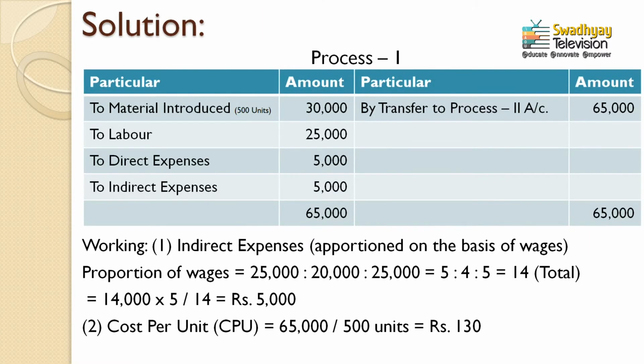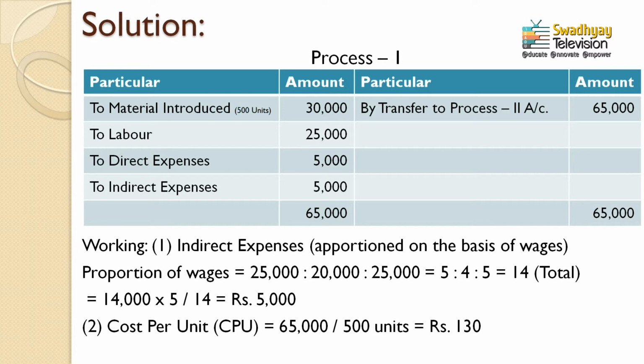Now, according to process 1, see the first item, to material introduced. It means at the beginning of the process account, material of 30,000 rupees was introduced in process 1, and it is very clearly mentioned in the question that we are starting a process of manufacturing 500 units.